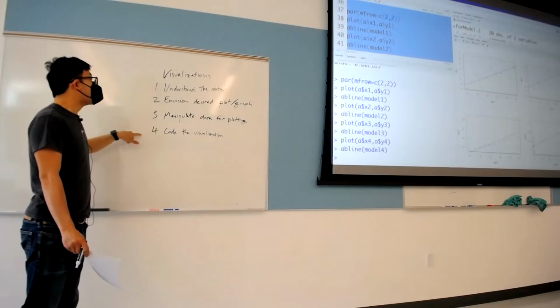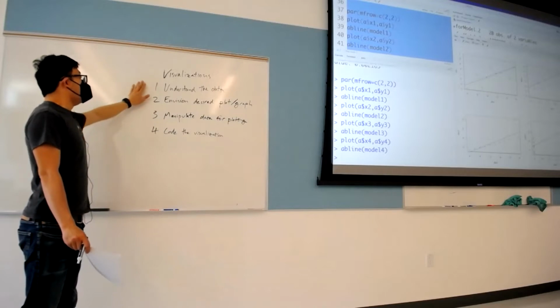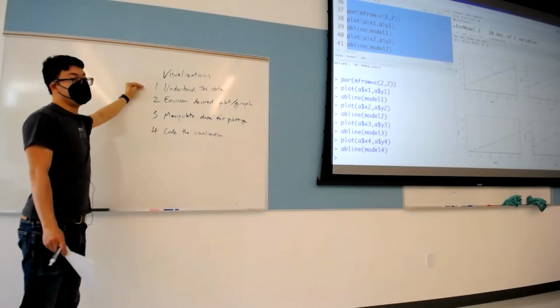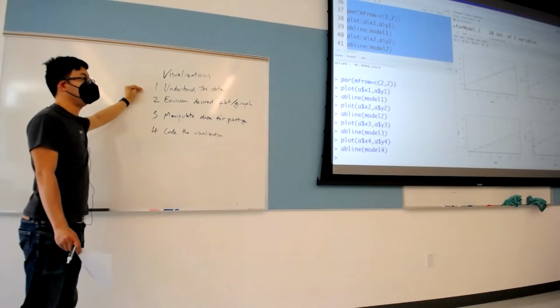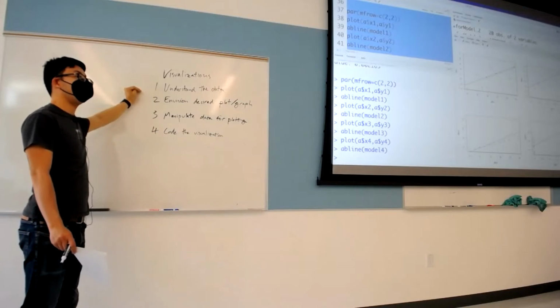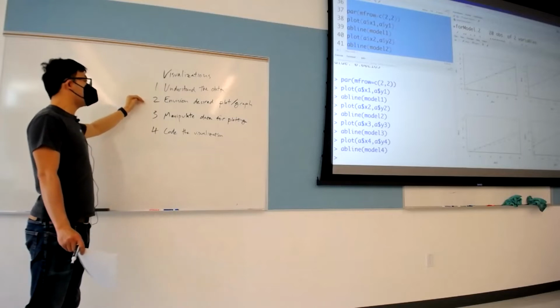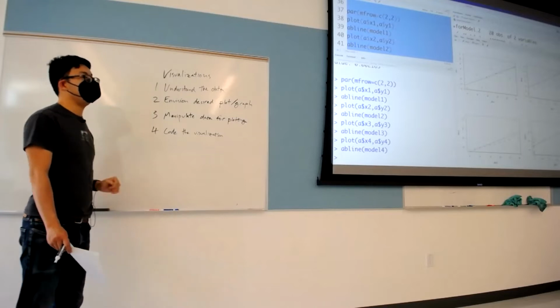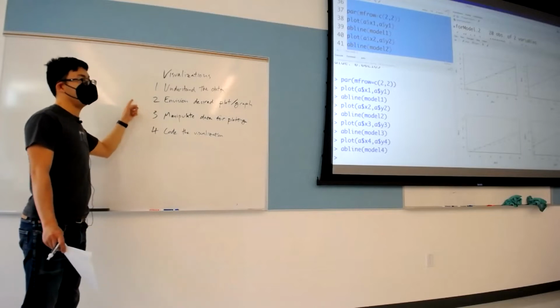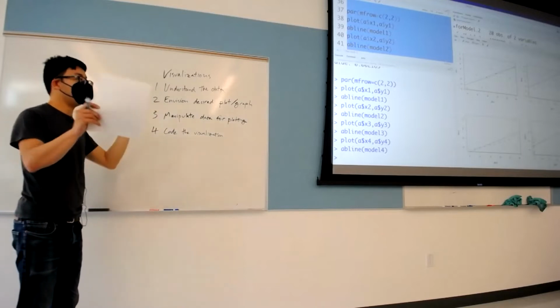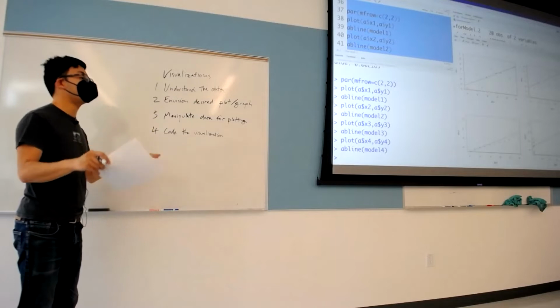Okay, so understanding the data first is going to help you decipher what it is that you want out of it, and then envisioning the desired plot or graph. This is going to make sure that you're not bungling around, just putting in code and seeing what comes out.